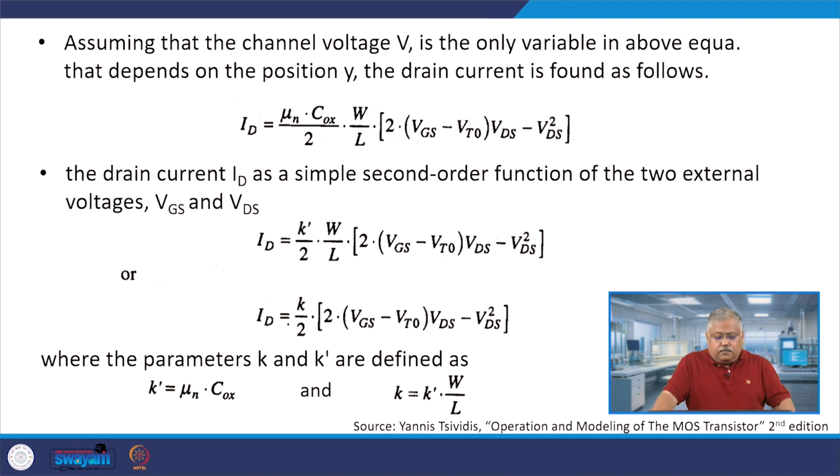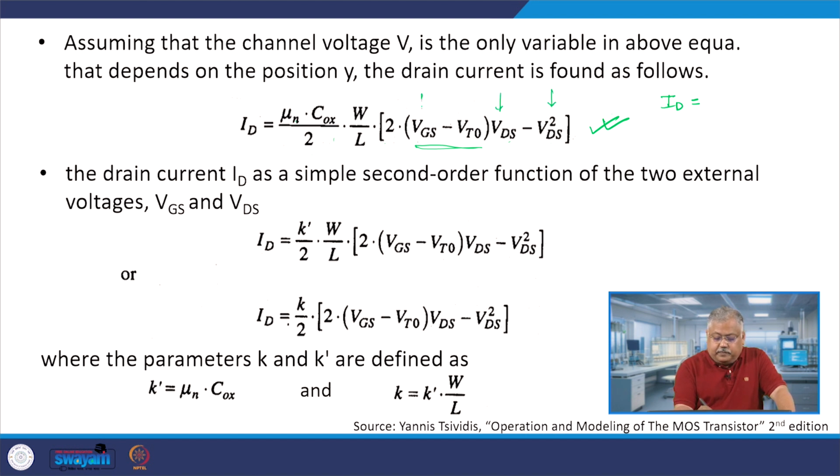Now once it is done, if you integrate it, I get this expression here, right. ID equals mu n Cox by 2 into W by L into 2 times VGS minus VT0 into VDS minus VDS square. If you look very carefully at this expression, you will see that the drain current on the left hand side obviously depends upon the value of VDS.